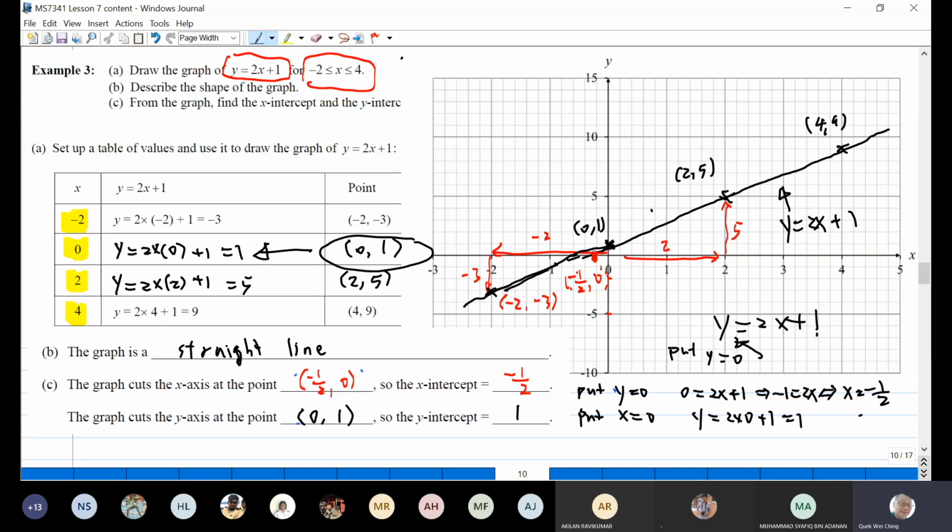Okay, so this is how you draw the graph and get everything from the graph. Of course you can use calculation to help you, but if you draw an accurate graph, you don't need to do this calculation.